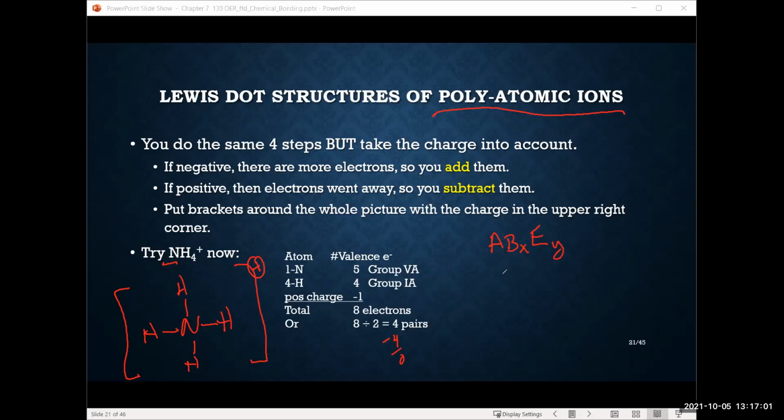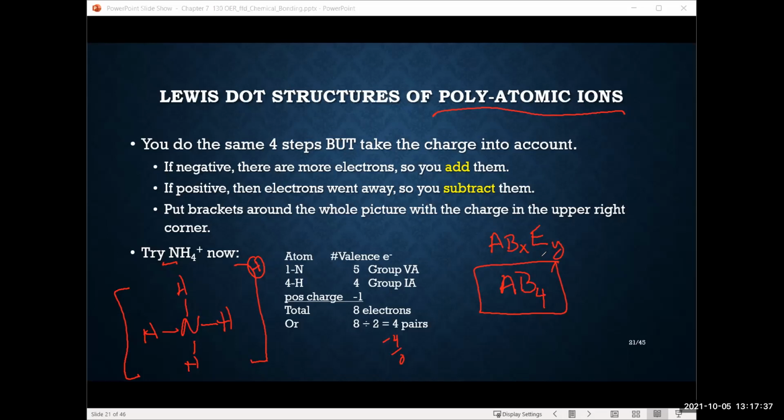A is nitrogen, and B is the moieties bonded to the central atom, which in this case is 4. And so that's it. We don't need to put an E because there's no lone pair. So this is our general formula. And now you can go to the shapes table and determine its geometry, which would be tetrahedral with the bond angle of 109.5. I'll let you do that, okay?